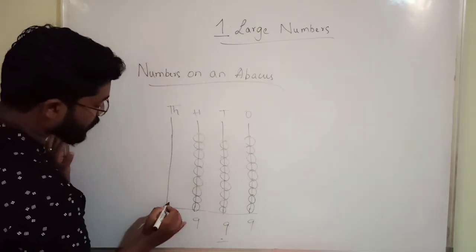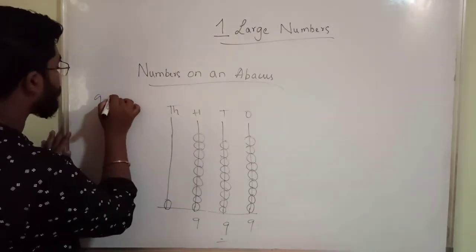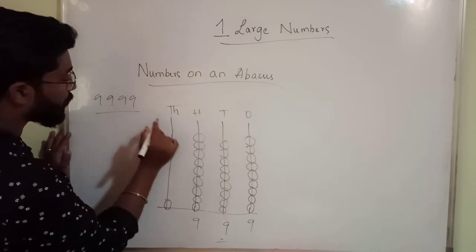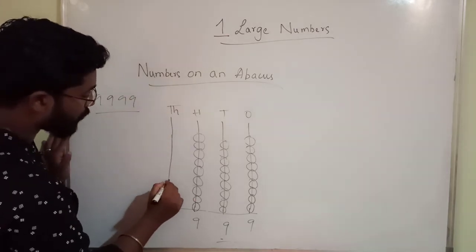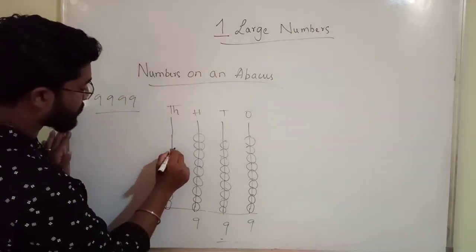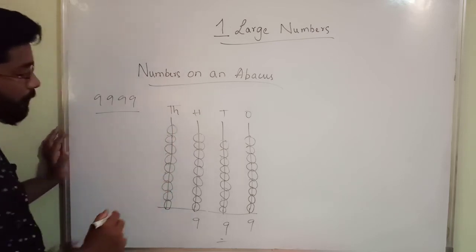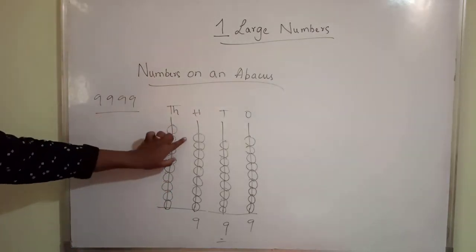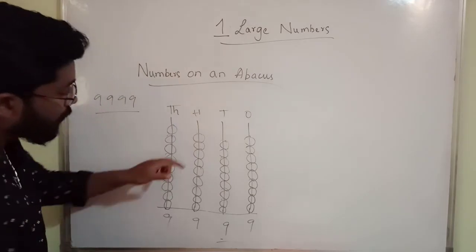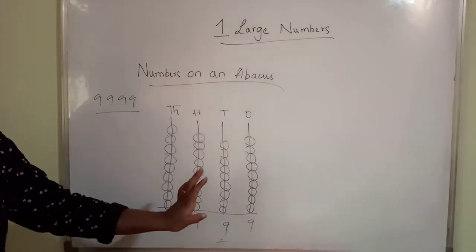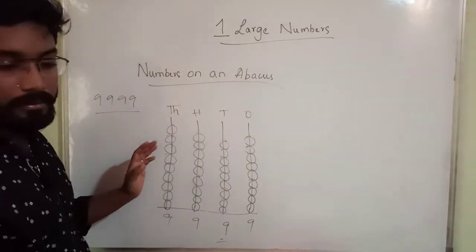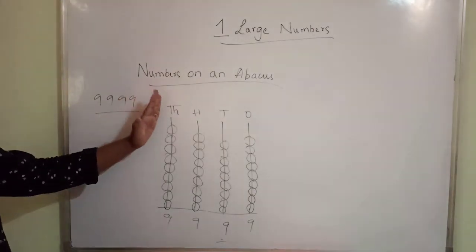So in thousands also, if you want to represent 9999, this is how you have to do. 9999. Okay, that's all. And the colors of these beads are also changing.